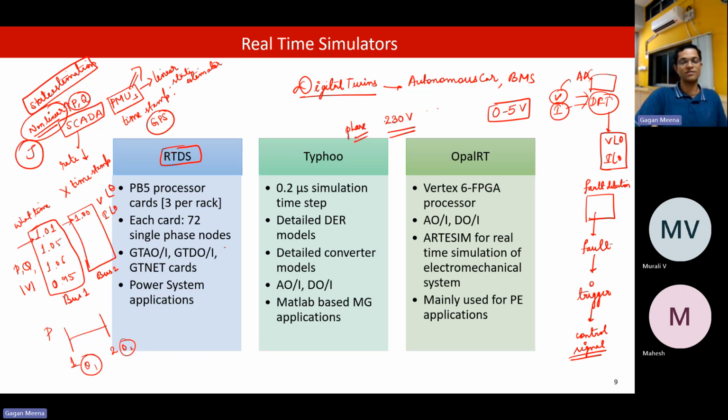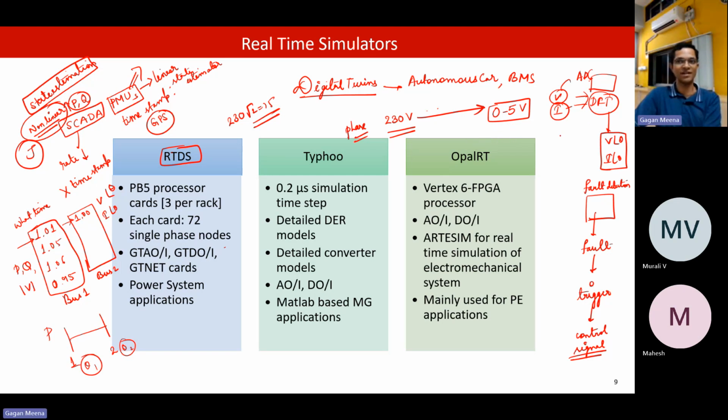But the output will not be this 230 volts. The output from the RTDS will be, let's say, 230 volts corresponds to 5 volts. If it is 230 root 2, that will be used corresponding to 5 volts. So 230 will be 5 by root 2. So we will get this voltage as the output.